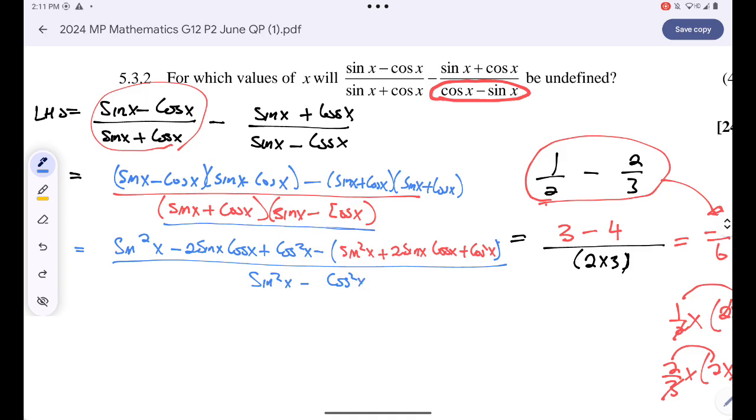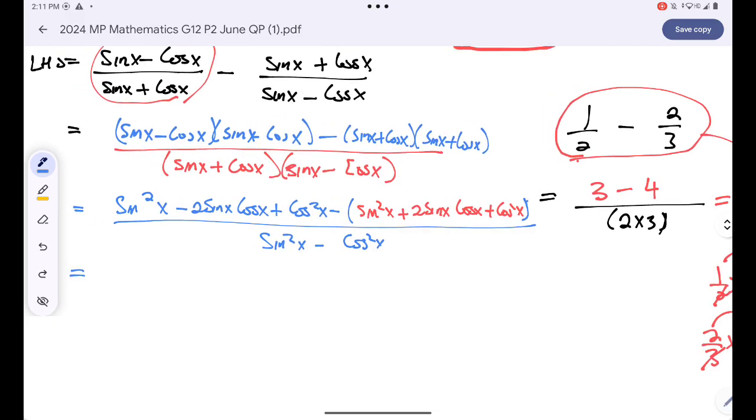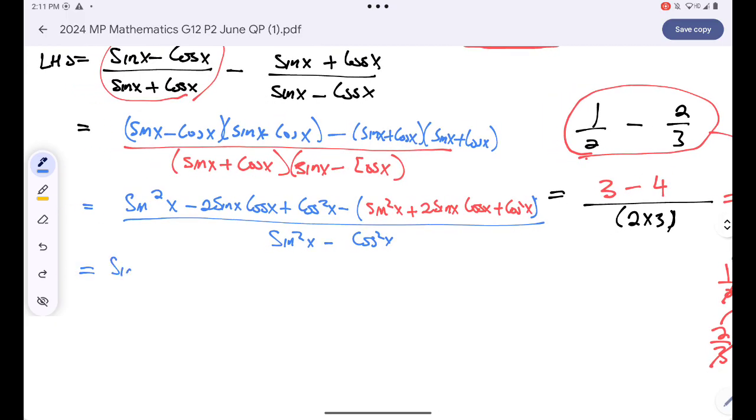If you multiply these out, guys, you'll simply get sine squared x minus cos squared x. And then at the numerator I simply have sine squared x minus 2 sine x cos x plus cos squared x.